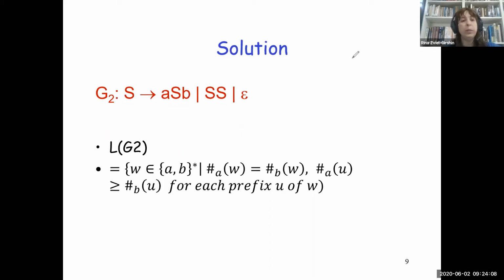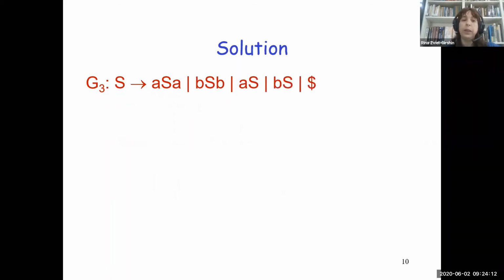Any questions? The last grammar is really complicated to define. B in suffix, but then you can jump and use only A's, as many as you want.